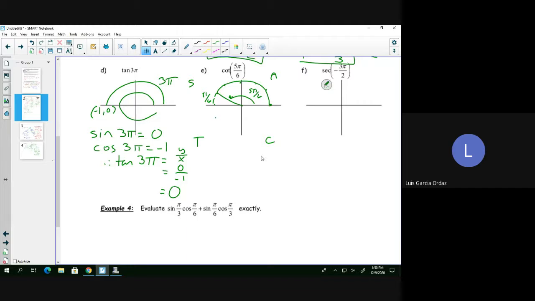So what trig function in the second quadrant is positive? So sine. And which one is negative? Cos, okay?